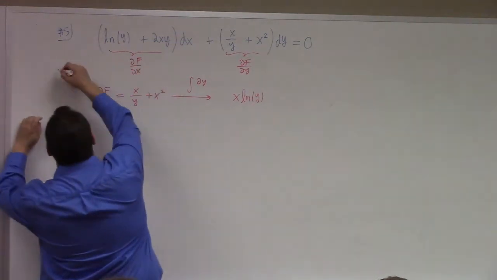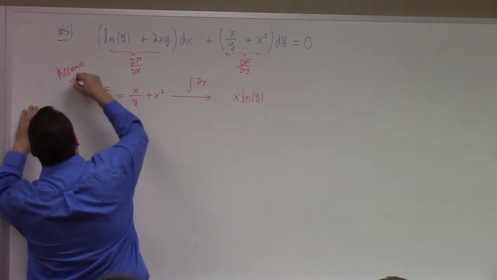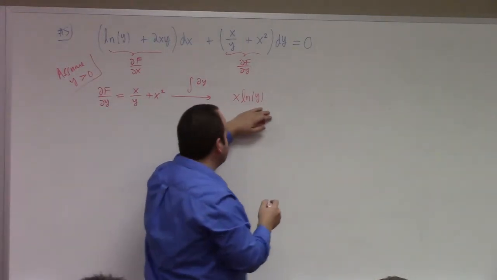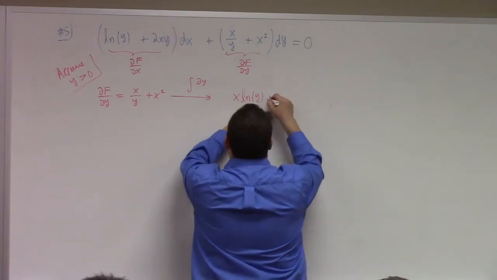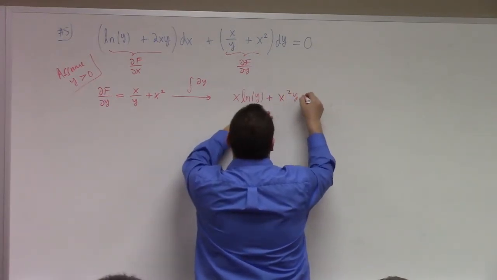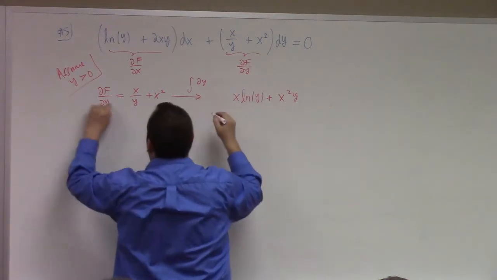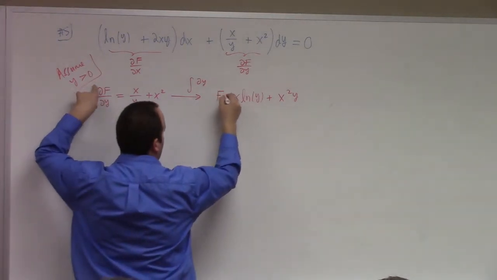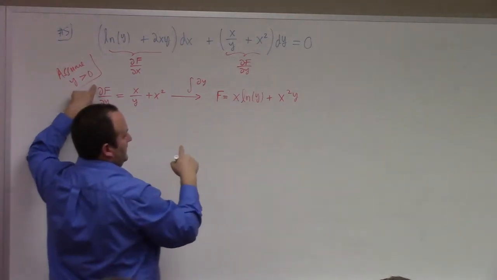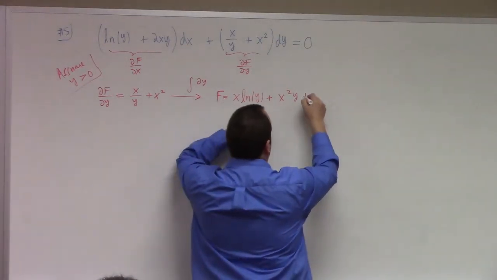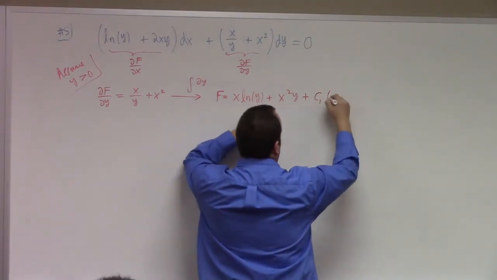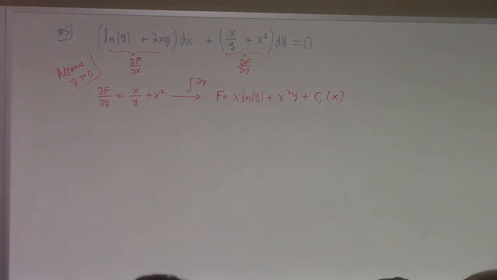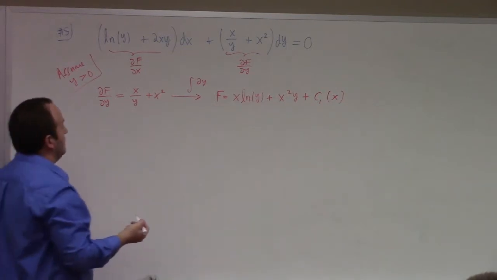Now, we're going to assume that y is greater than 0 throughout the rest of this problem. That's why I don't have to put the absolute value of y here. And then plus x squared y. What's the integral of partial f, partial y with respect to y? It's f again, right? So f is equal to x ln of y plus x squared y plus c1 of what? Now this time it's of x, right? Because the first time I did the x integration. This time I'm doing a y integration just to be different.